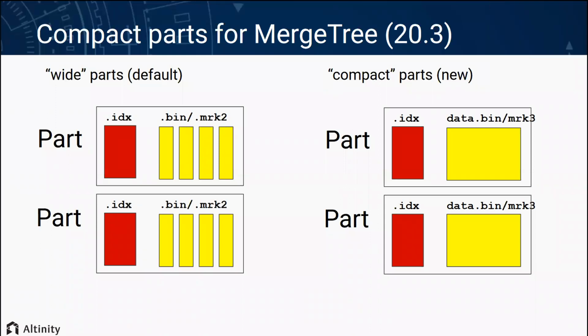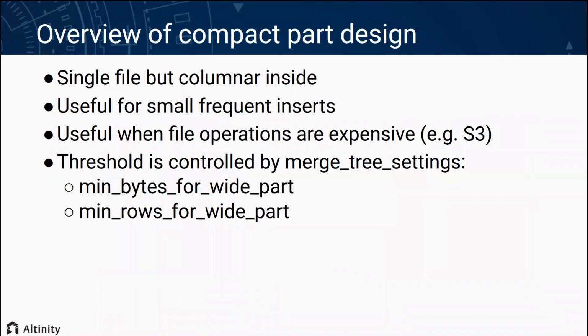Yeah, thank you, Robert. Hello, everybody. So we can go to the next slide for the detail. The idea of compact parts is certainly reducing the number of files, and you will see in a minute how it works. But internally, we still try to keep the same columnar structure. So data is still stored in columns. Inside the big compact part, there are mark files and binary files, and ClickHouse just knows offsets of proper file chunks.